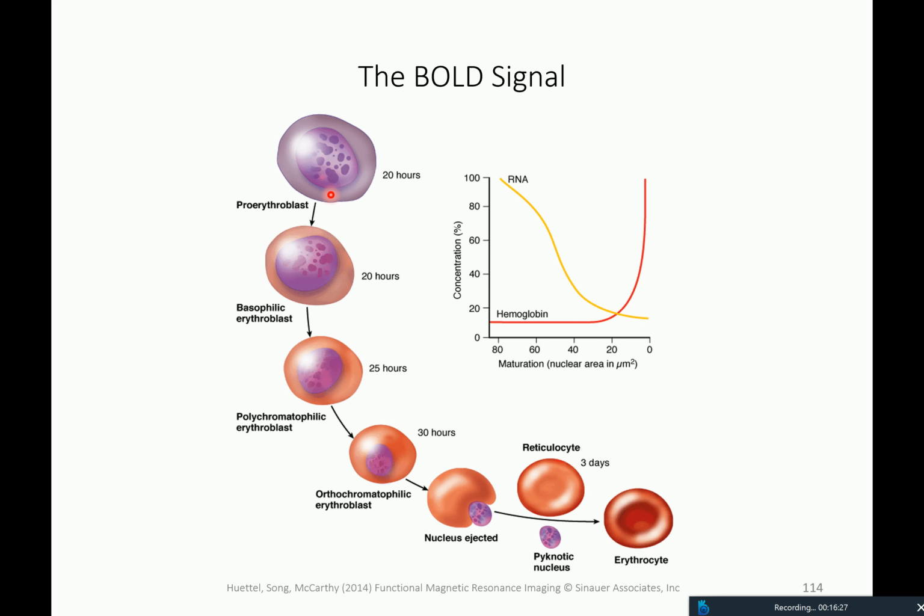When they start to be developed, they fill themselves up essentially with hemoglobin, and then eject everything that they don't need, and then in the end they are ready to transport oxygen. And then they live for 120 days, and then they die. That's what erythrocytes do.